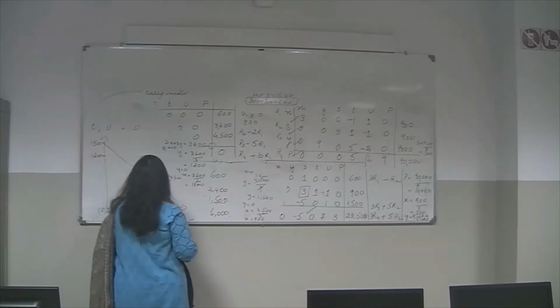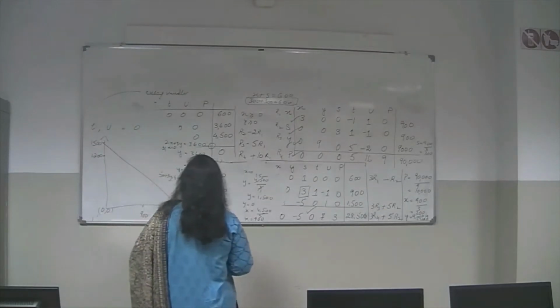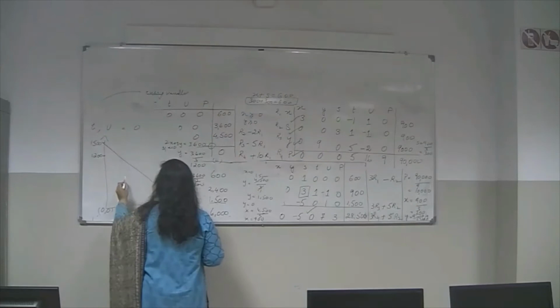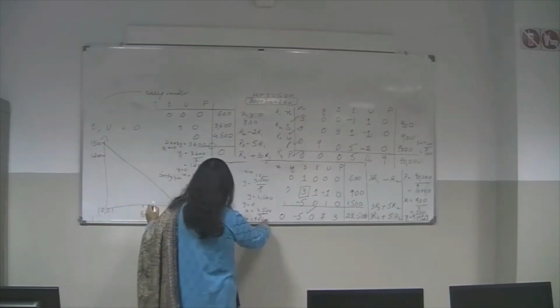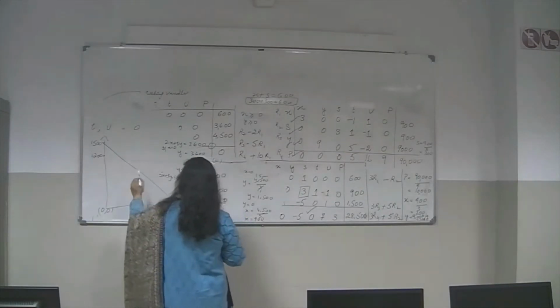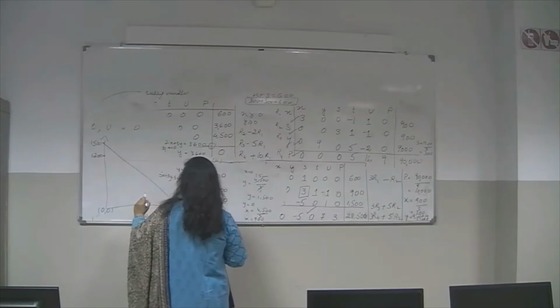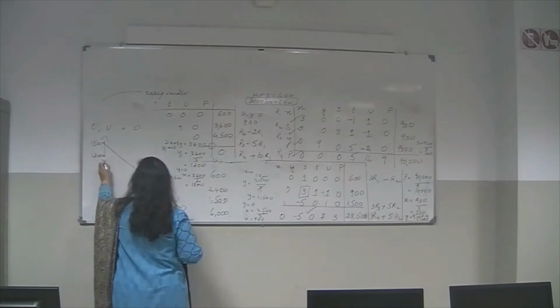So now we just draw the maximize constraint. This is the first constraint we have. And the second constraint would be somewhat with 900.